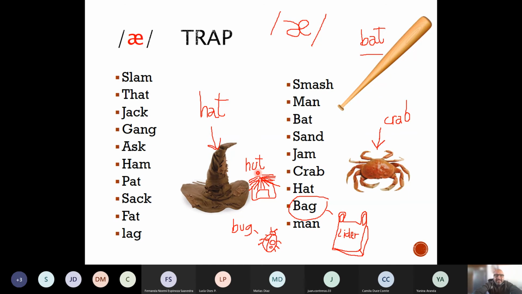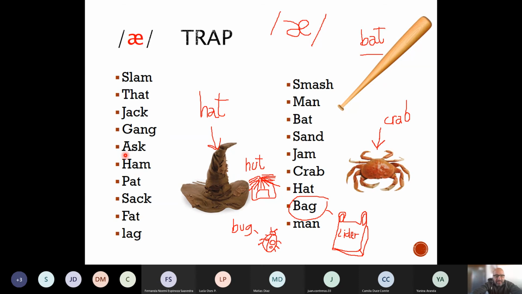The other thing that I'm going to say in Spanish, hay algunos dialectos, es decir, muchos hablantes en Estados Unidos usan este sonido, a, en verbos como ask, sand, hat, man. Y algunos hablantes en algunas variedades dialectales de Inglaterra, algunos tipos de inglés británico usan un sonido que es "ah".